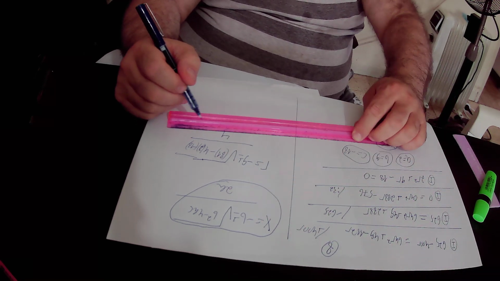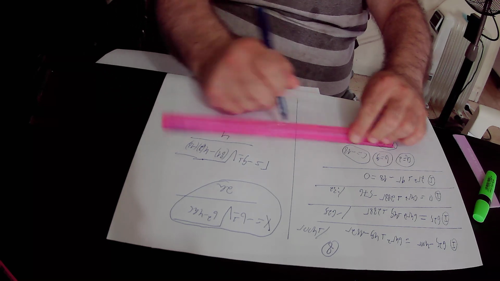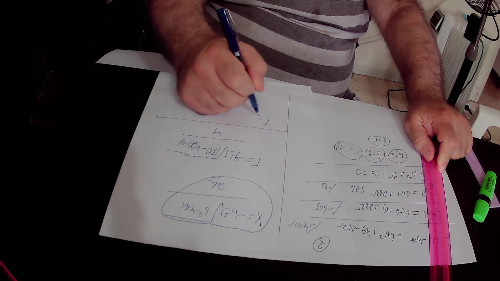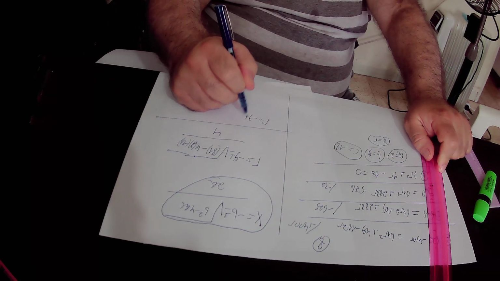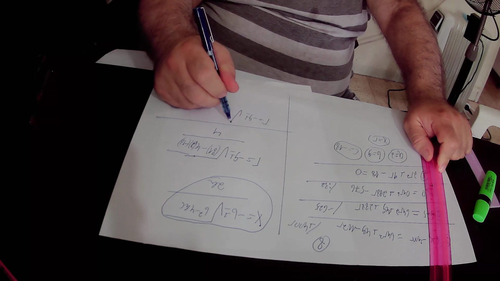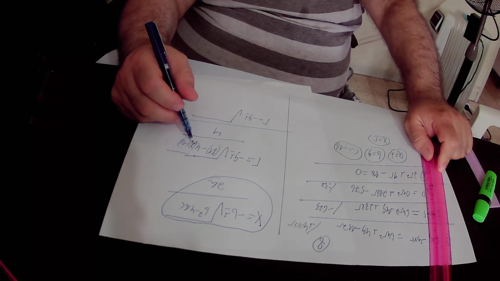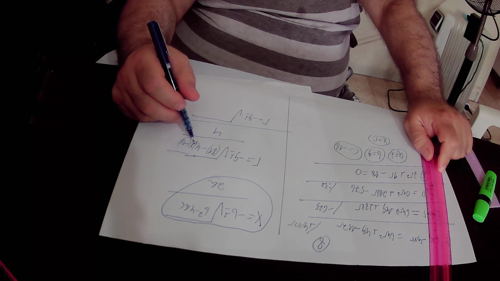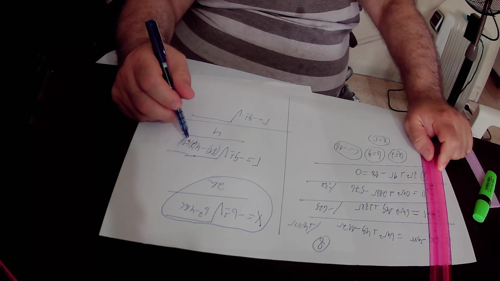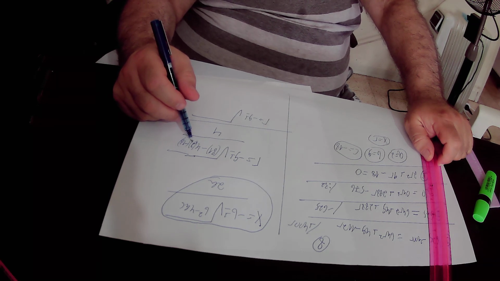So in conclusion, we found out that r equals minus 9 plus minus the square root of, here we have minus 4 times 2 is minus 8, minus 8 times minus 18 is plus 144.